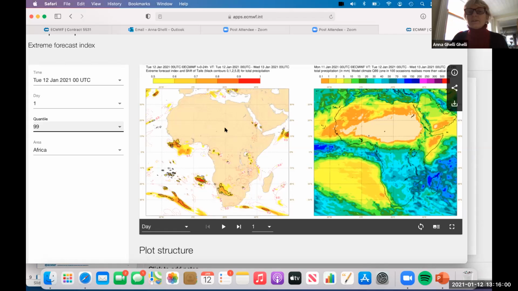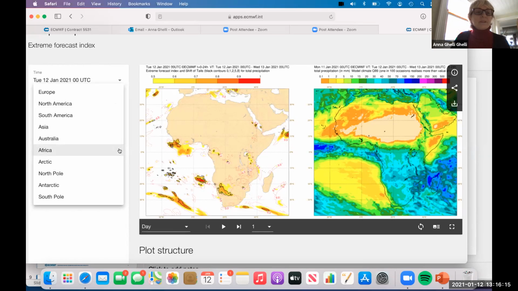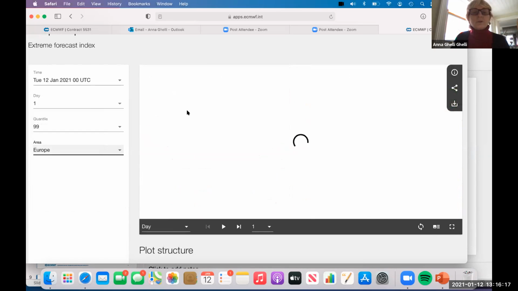So I hope this is a little bit clear. And maybe at the end of the session, when we are in groups, we could attempt to look at one of these maps where the EFI is more evident. Maybe we could have a look at Europe, say.